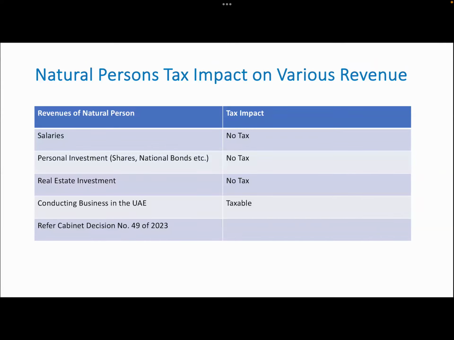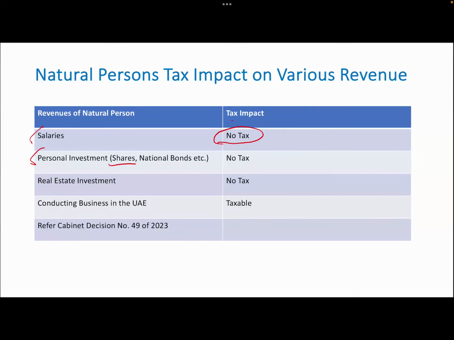Now, natural person's tax impact on various revenue. For a natural person, what will be the various sources of income? First thing is salaries. On salaries, what is the tax impact? There is no tax on salaries in the UAE. Personal investments. What will the personal investments be?